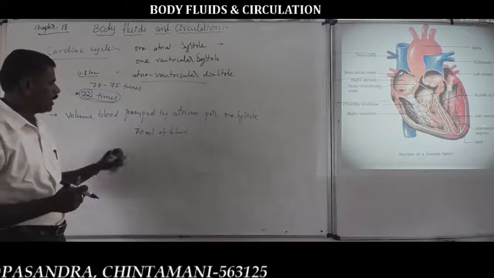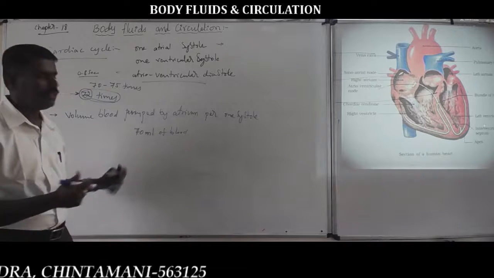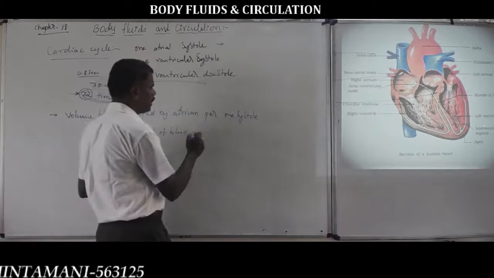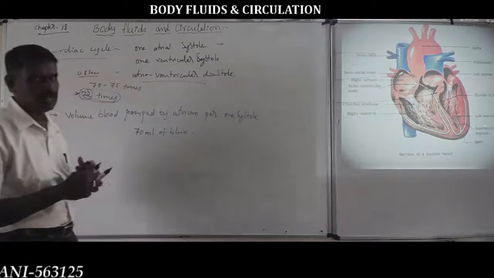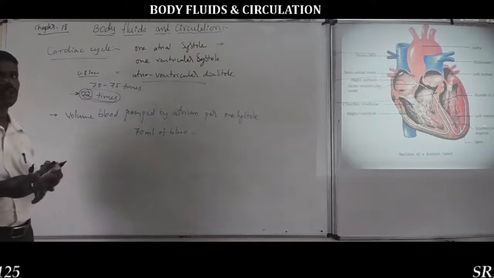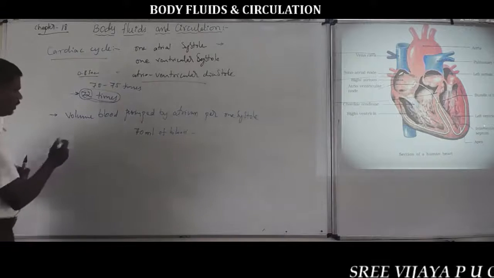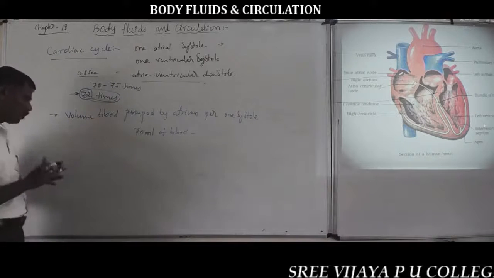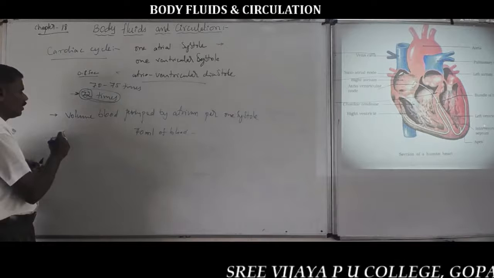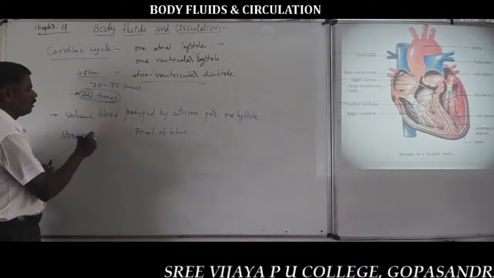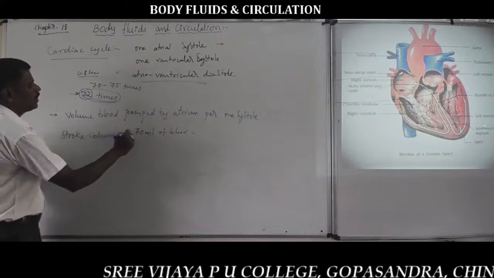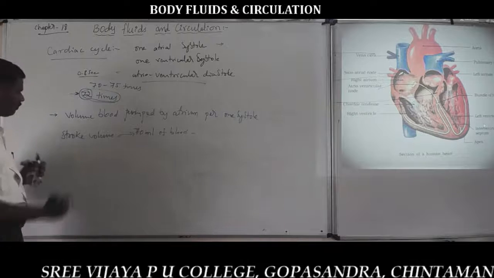This 70 ml of blood is what we call the stroke volume of blood. Here it is nothing but stroke volume, that is 70 ml of blood.